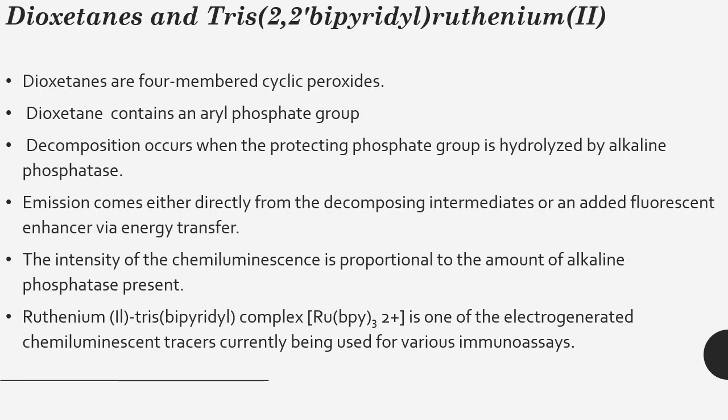Dioxetane and tris-ruthenium are also other examples of chemiluminescent labels. Dioxetane has an aryl phosphate group which decomposes when this phosphate group is hydrolyzed by alkaline phosphatase, and the emission of light comes directly from the decomposing intermediate. Ruthenium is also one of the best examples of a chemiluminescent label, which is utilized for electrochemiluminescence with ultra high sensitivity and specificity.